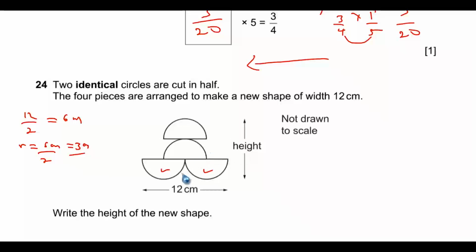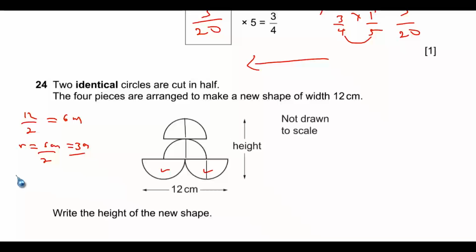So from there, you can get the height. So the height will be from here to here, that is one radius. So from here to here, that is another radius. Then from here to here, that is another radius. That means the height is made up of 3 radii.